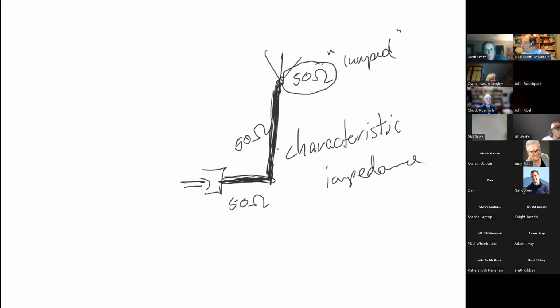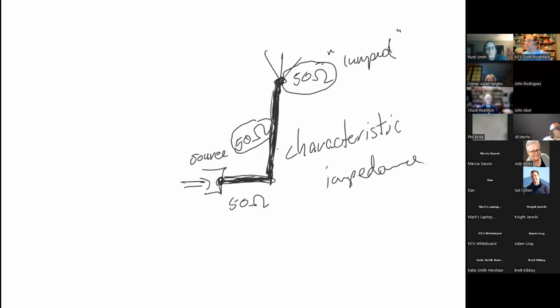So because of that, it's really just saying, okay, if I have a 50 ohm load over here and a 50 ohm source, and they're both 50 ohms, then this thing in between is designed to couple the two together. That's the function of a transmission line.